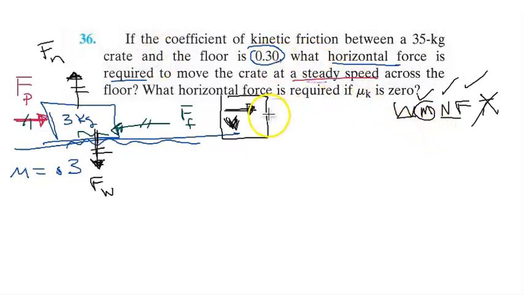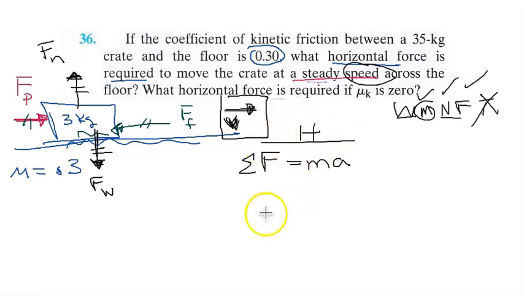Okay, so since they did mention speed, but they didn't give you a number, and there's no time, and there's no distance, this is an old school problem, and it's a horizontal old school problem.